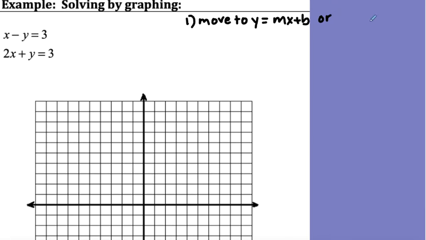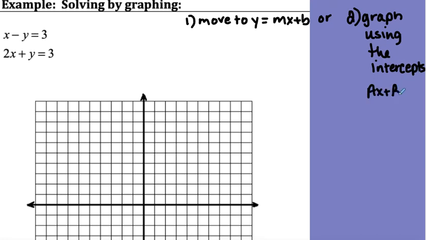Or I could graph using the intercepts. I tend to do this if they're in standard form. If they're in the form ax plus by equals c, that's called standard form, I tend to do that, but whatever you feel the most comfortable with.